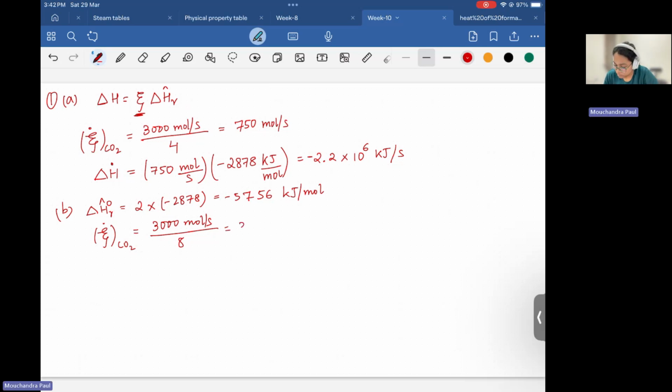Which is 375 mole per second. And then finally, the rate of change of enthalpy will become the extent of the reaction that we just calculated into minus 5756 kilojoule per mole. It is the new standard heat of reaction.